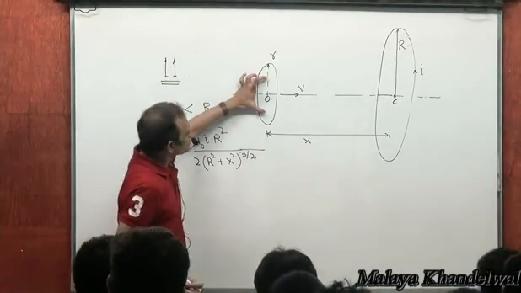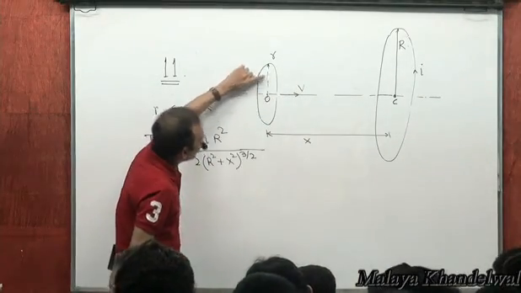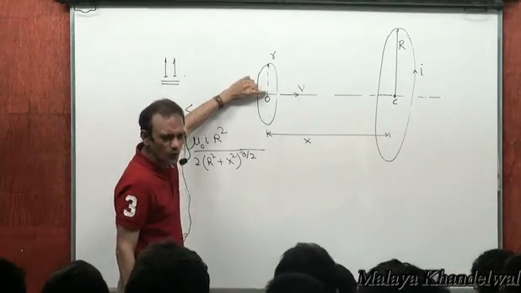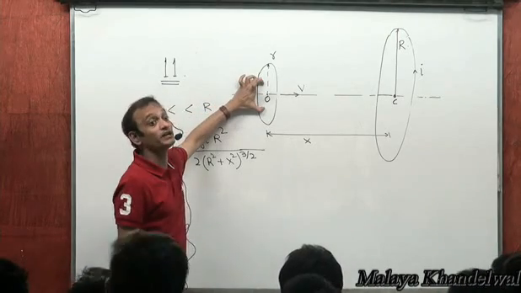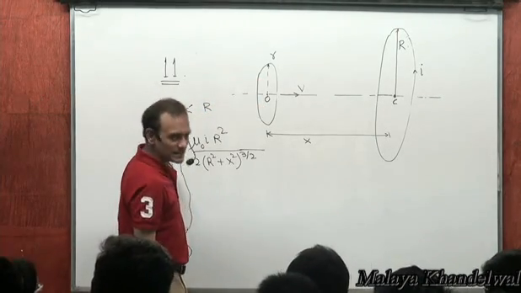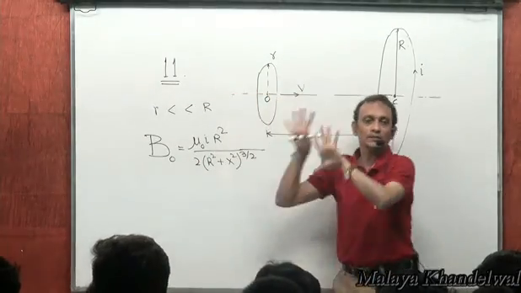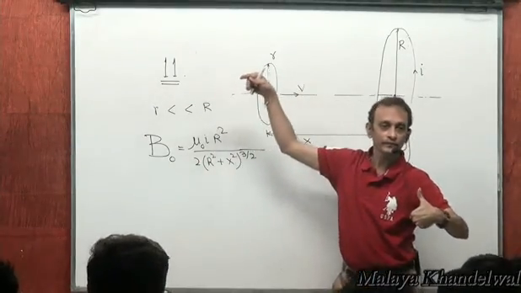Since this is really small compared to this, I can imagine all points on this to be really close to O. Therefore, this could be imagined to be a region of uniform magnetic field, where the magnetic field is the same as the magnetic field at the center O, and all the field lines being axial, that means hitting the loop normally.